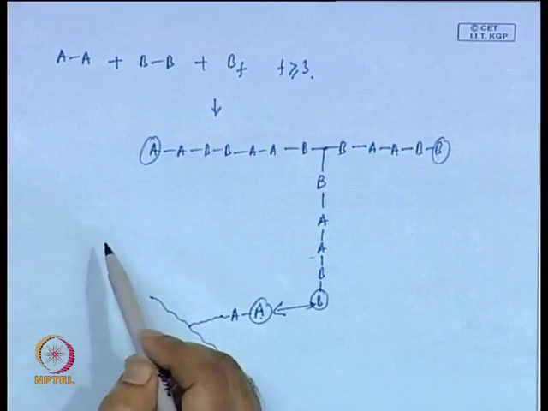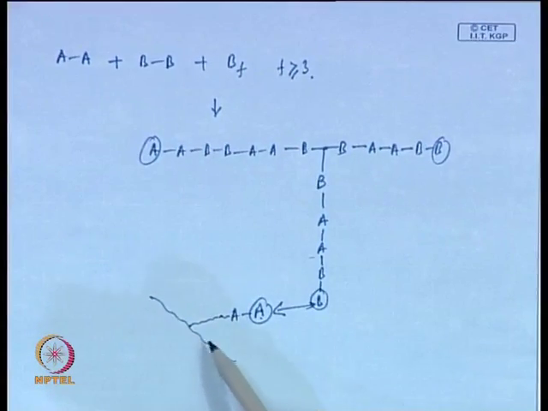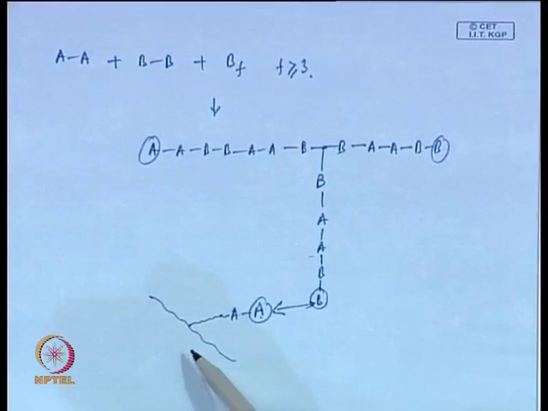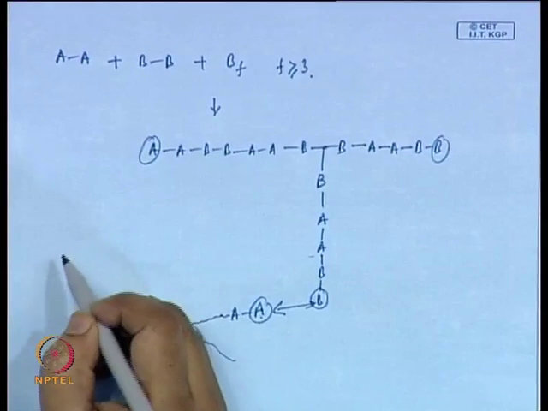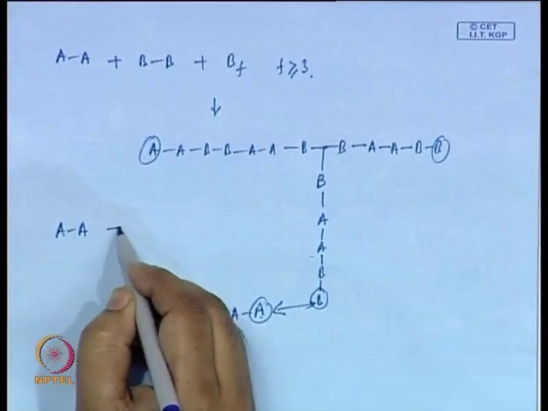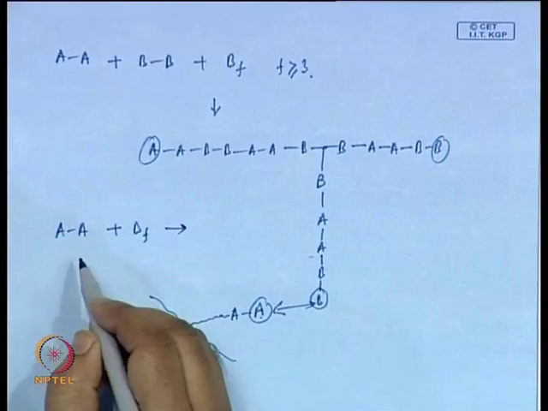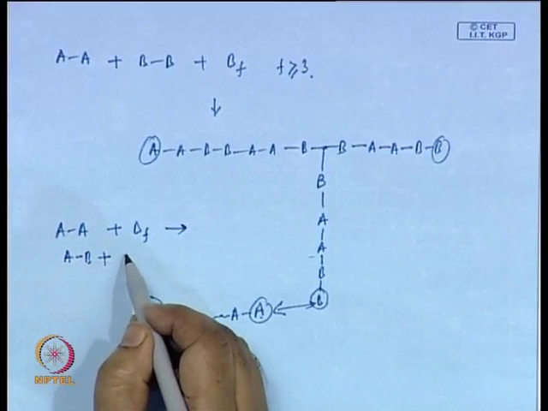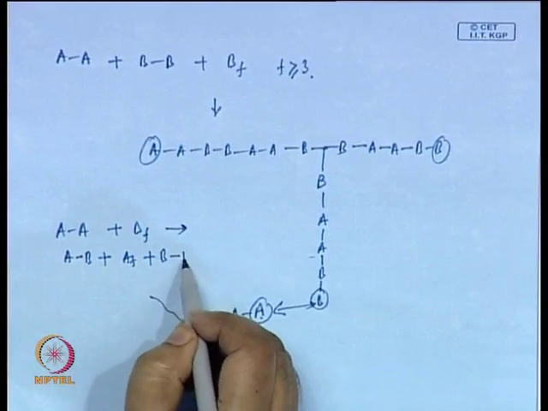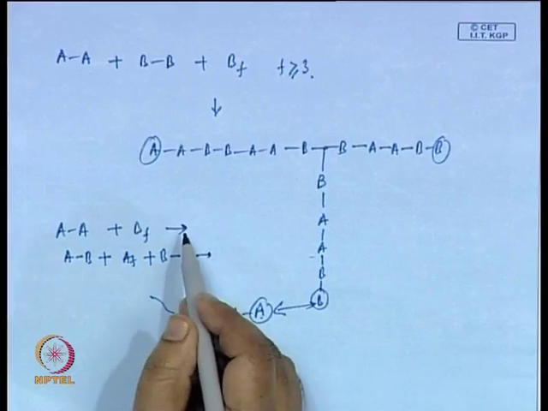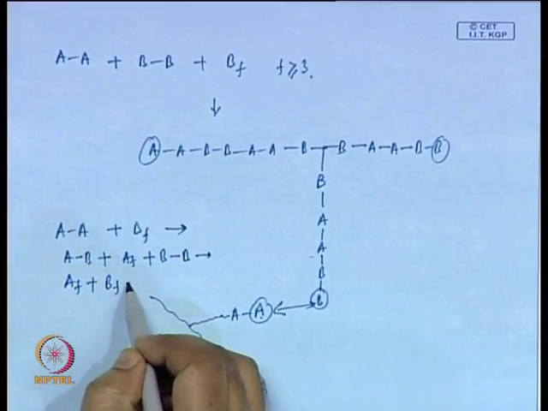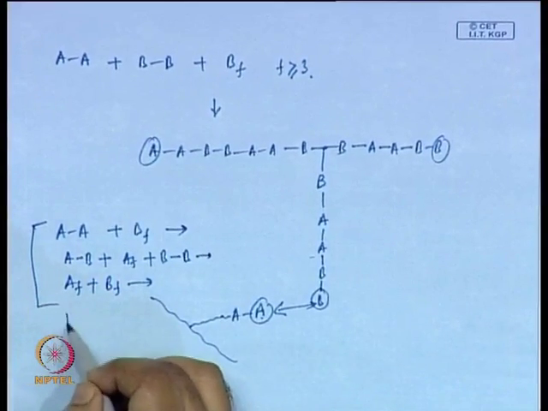In the earlier case there was no cross linking possible between two linear chains, but in this case, because there are free functional groups of both types present, it can undergo a cross linking reaction. What are the other types it can undergo? If I have say AA plus BF type, it can undergo cross linking, you can visualize yourself, plus AF plus a few BB molecules, then also it can form cross links, or if you have AF plus BF molecules, all these can form cross links.